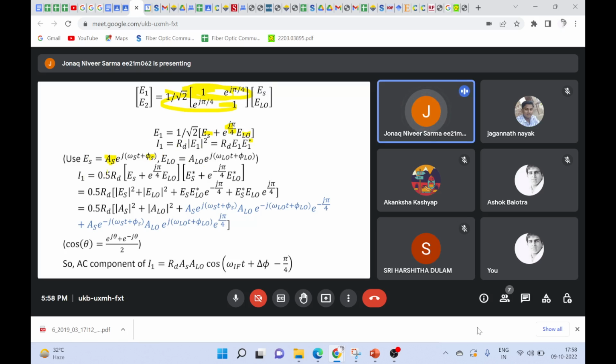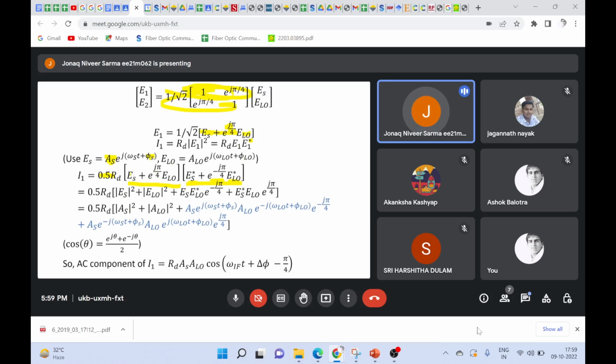So I1 is some RD times these two square root terms I just collected as 0.5 for now, and then one is just E1, that is this term, just as it is, ES plus this term, and its conjugate. So its conjugate will be the conjugate of this term, the conjugate of the LO term, and also the conjugate of this e to the power j pi by 4, we can write minus j pi by 4, that's all.